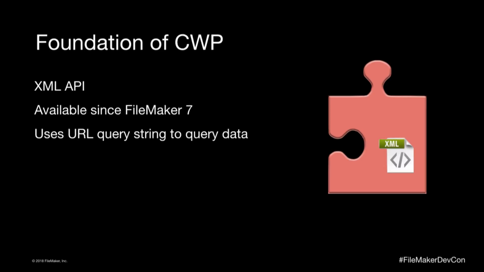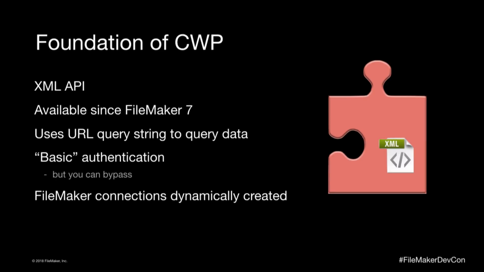The way it works with FileMaker Server is it posts to a single URL with a bunch of query parameters to exchange data with FileMaker Server, and FileMaker Server in turn returns huge XML documents that we then have to parse to get the data that we want. It uses basic authentication, and it builds in the capability for you to add your username and password to the URL to bypass that. Please don't do that, and I'm sorry they gave you that capability. That's one of the security things around this.